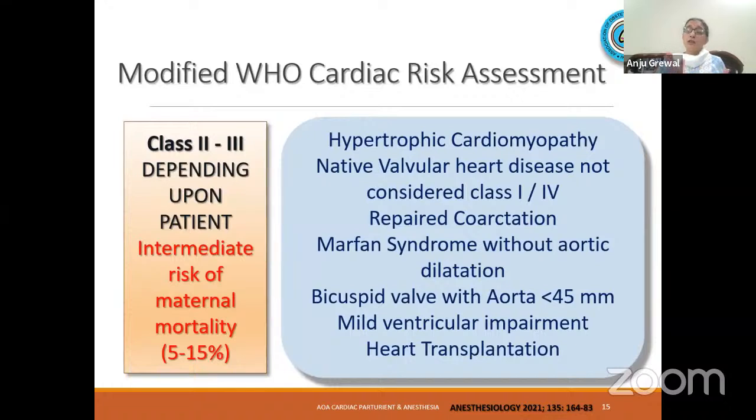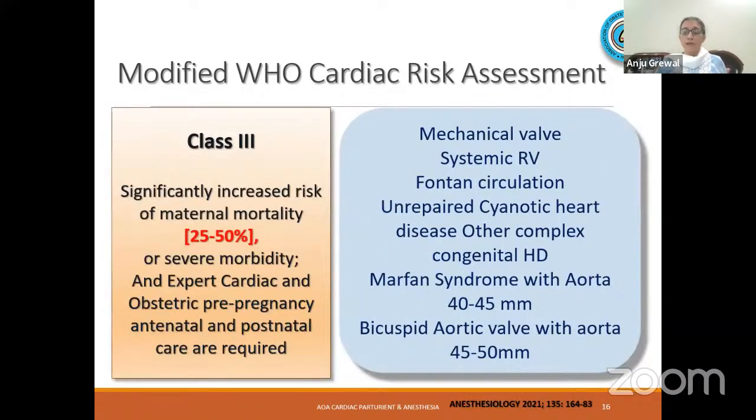Now, there is a group between 2 and 3, which depends upon the patient profile, and can vary from hypertrophic cardiomyopathy to native valvular diseases in their milder forms, Marfan syndrome without an aortic dilatation, or a bicuspid aortic valve with an aorta diameter of less than 45 millimeters, or a mild ventricular impairment. They have a mortality risk of around 5 to 15%, but remember, the morbidity here climbs a lot, right?